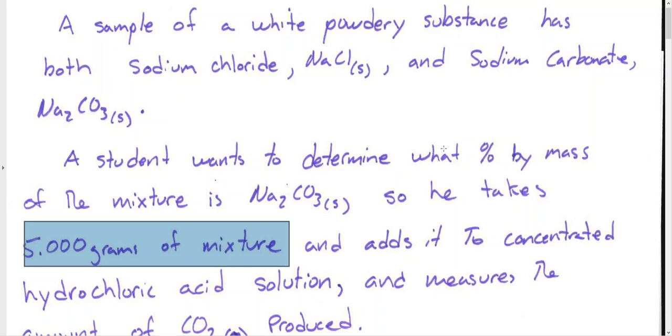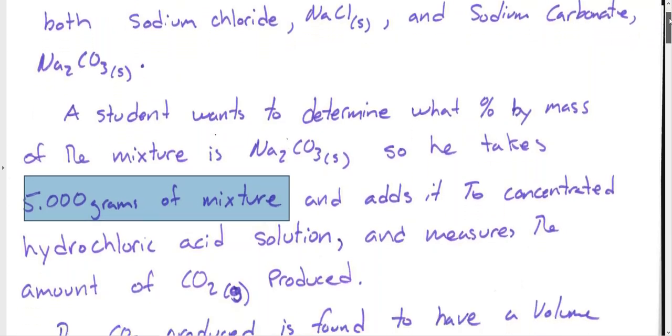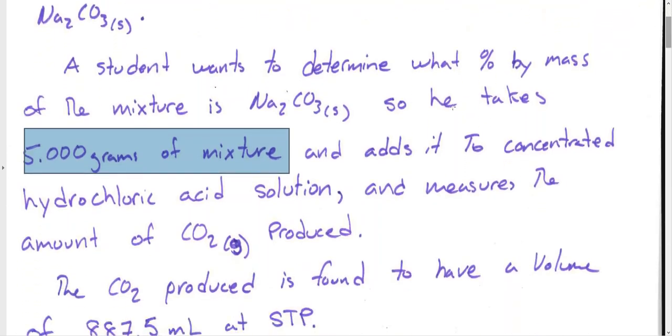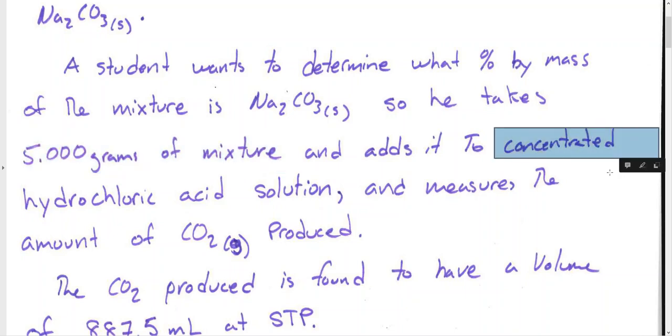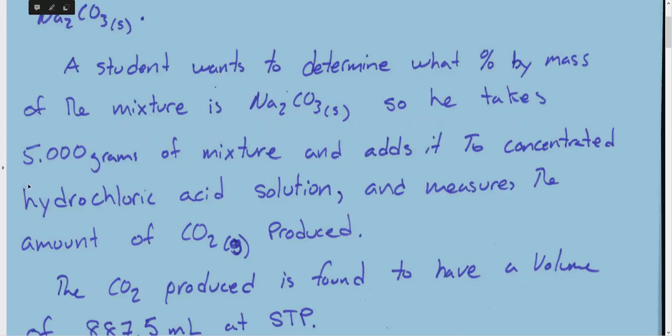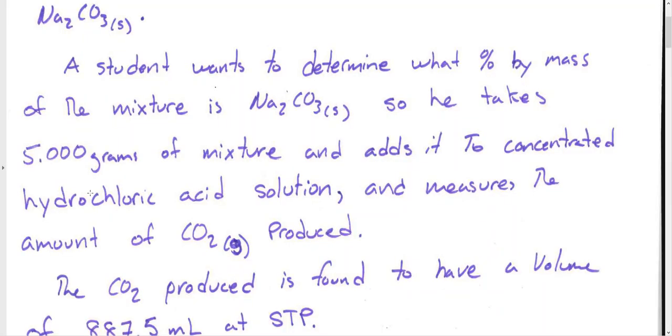So again, in this 5 grams, you have sodium carbonate and you have sodium chloride, and your goal is to figure out what percentage of that 5 grams is sodium carbonate and which percentage is sodium chloride. So one thing he does is he takes the 5 gram sample and he adds it to concentrated hydrochloric acid. Because you're told this is concentrated hydrochloric acid, that's them trying to tell you that you're not going to run out of hydrochloric acid.